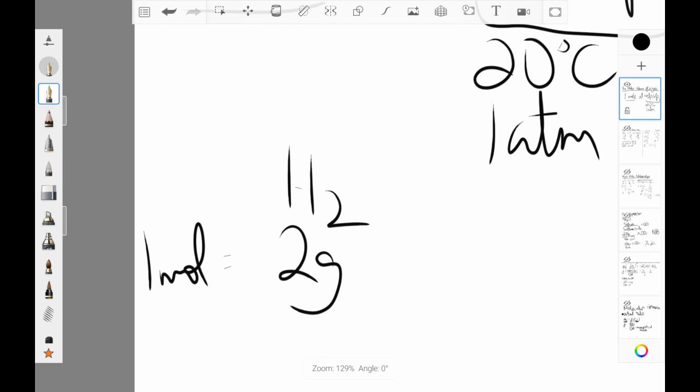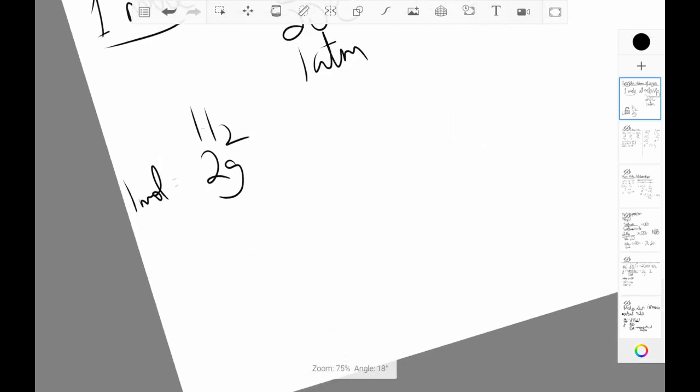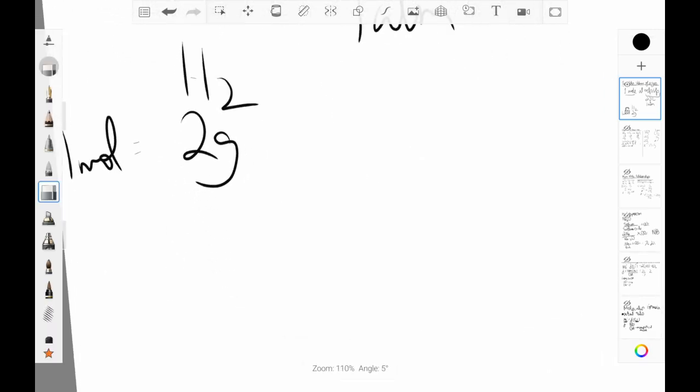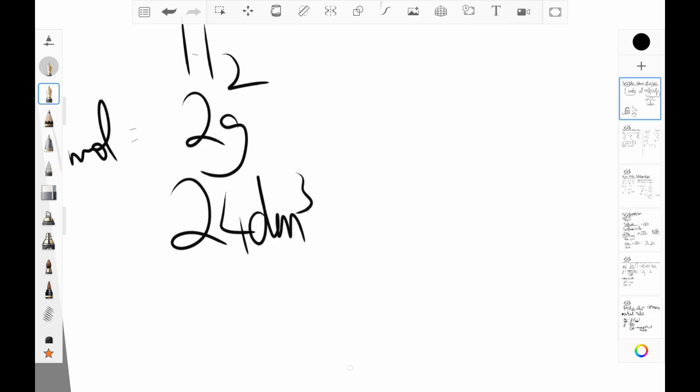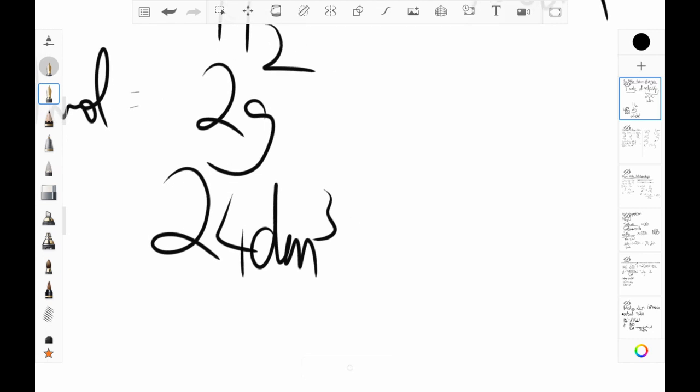And at RTP, this 2 grams of hydrogen will occupy a volume of 24 dm cube. Yes, not 24 cm cube, 24 dm cube, decimeter cube.